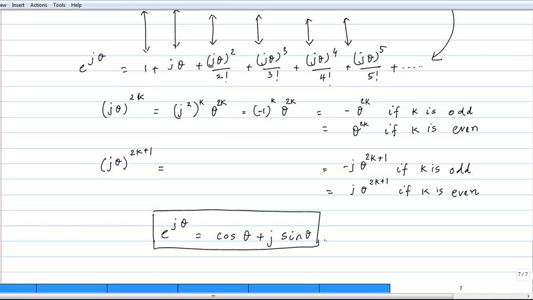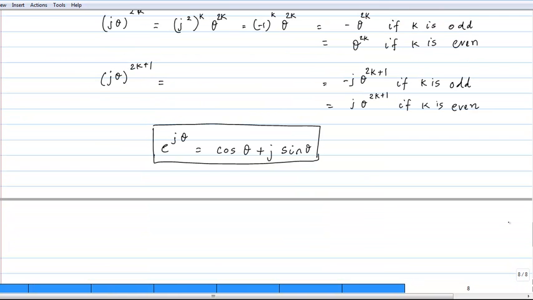And in fact, one thing that may confuse you is trying to interpret what e raised to j theta means. The way I think you should think about Euler's identity is as follows: e raised to j theta does not have a natural meaning, unlike e raised to theta, where theta is real.